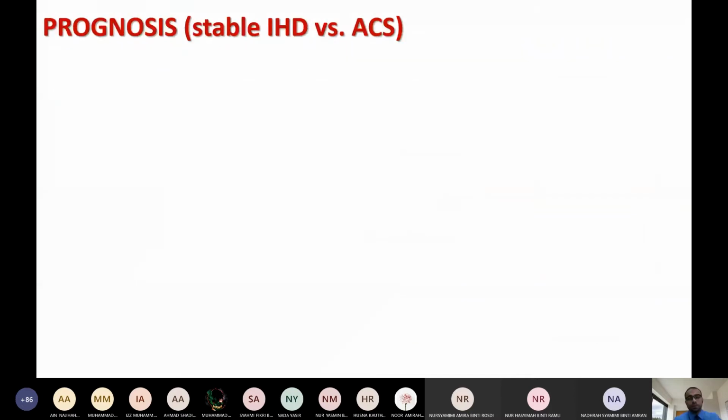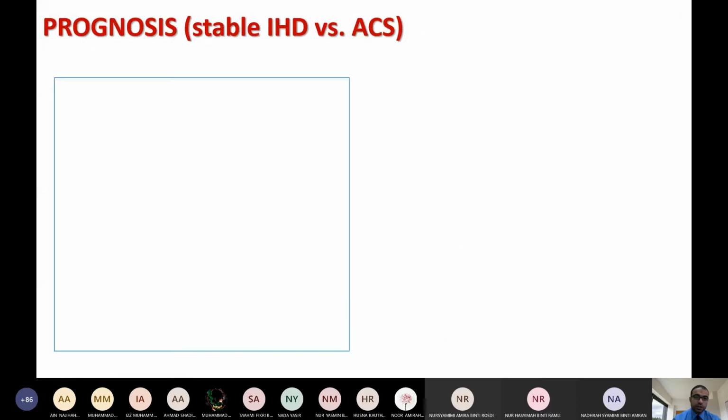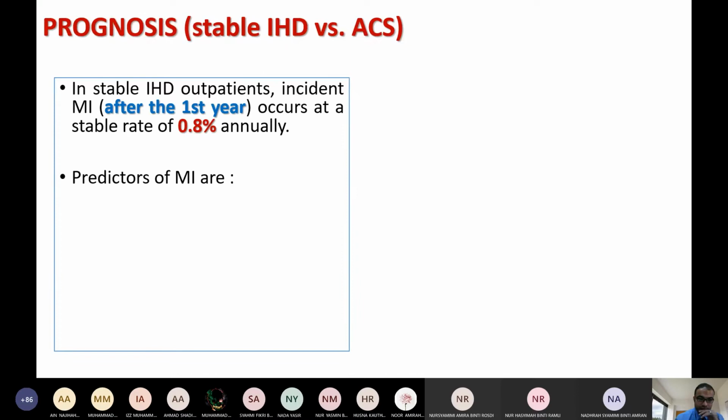So how does the prognosis, how does the disease progress in patients with stable ischemic heart disease who have not yet developed a cardiac attack, compared to those who have?